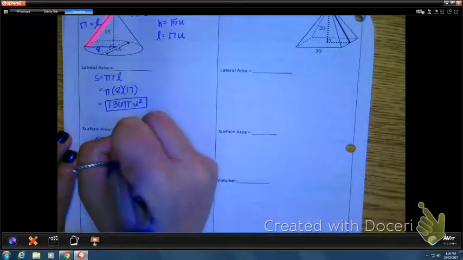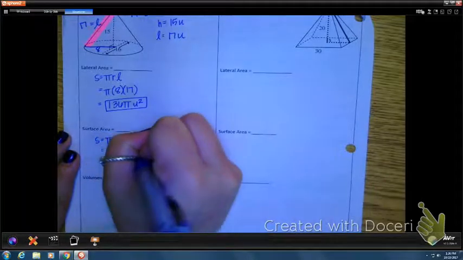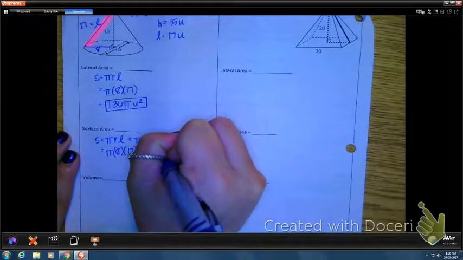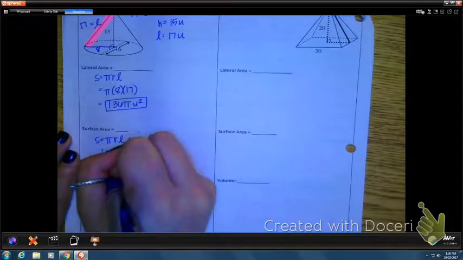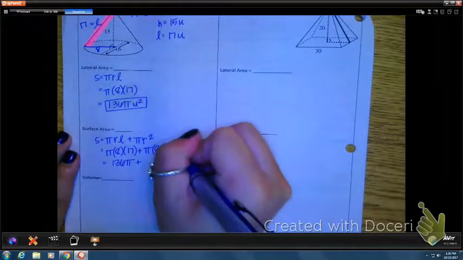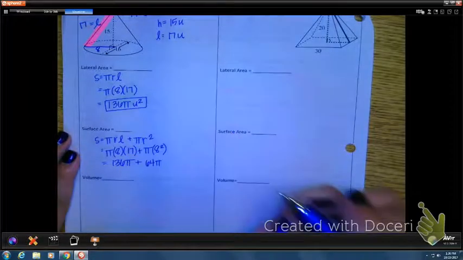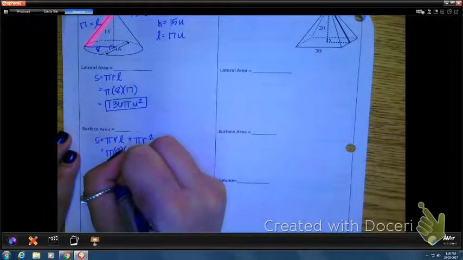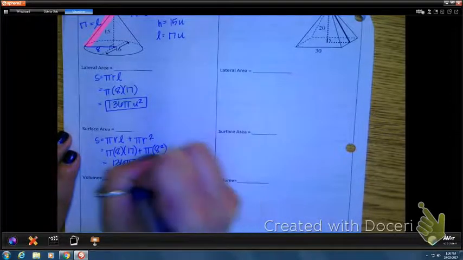Pi 8, slant height is 17, plus pi 8 squared. We just found this component right here. That was 136 pi plus 8 squared, which is 64 pi. Add those two together and you get 200 pi units squared.